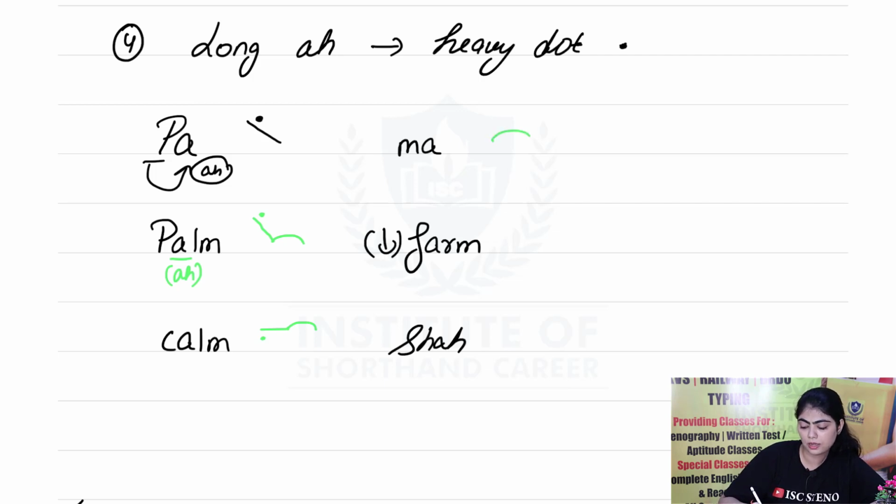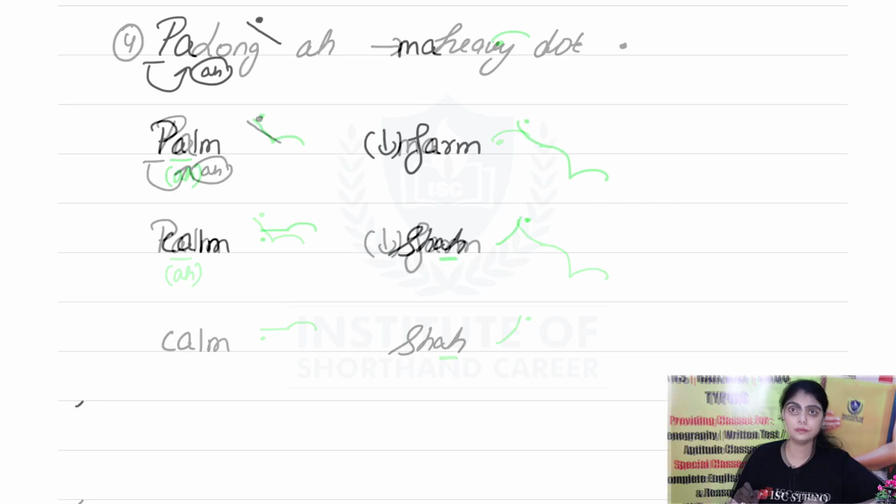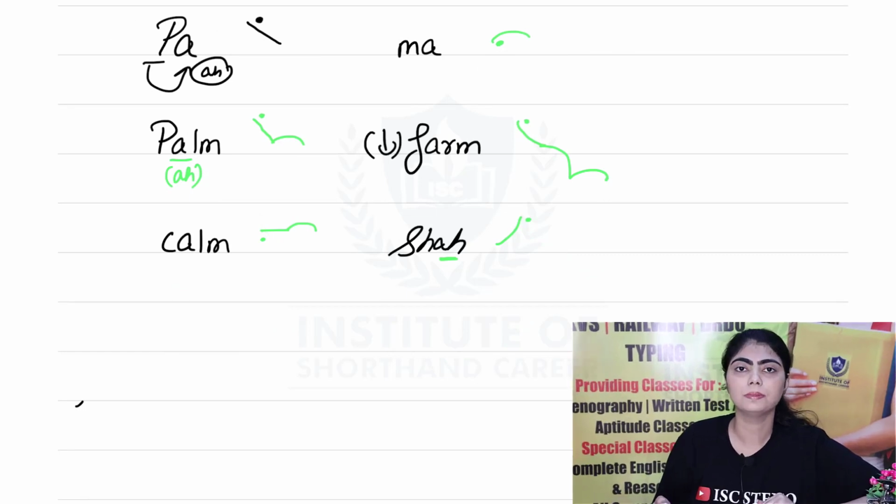So ma and a, heavy dot, ma. After that is farm, fa-a-r-m. So R sound is coming. Fa, a, r and m, farm. Next is sha, sha-a. So sh and for AH a heavy dot, sha. Okay. So this topic is complete.